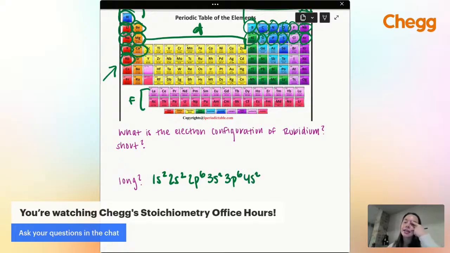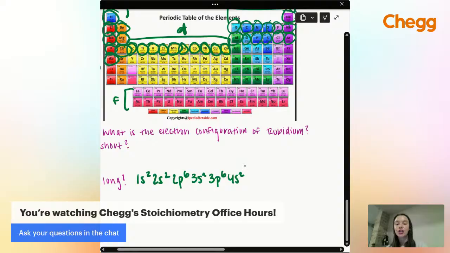Now, this is where it gets kind of tricky. We haven't touched on this yet. Well, I kind of touched on it earlier. D starts with the number 3. I don't know why. Some teachers will put the 3 with the 3s and 3p. I find it easier to just go left to right down the periodic table. So all of these 3, 4, 5, 6, 7, 8, 9, 10 are included before I get to rubidium.